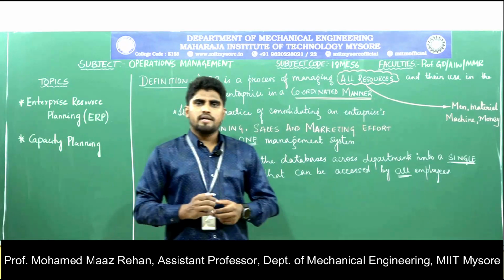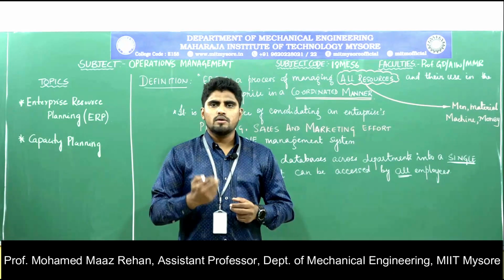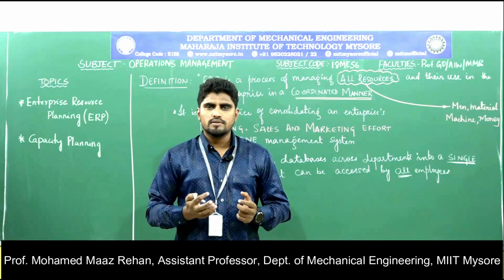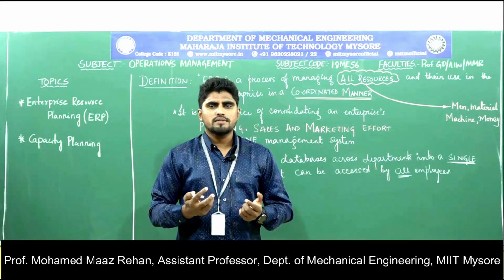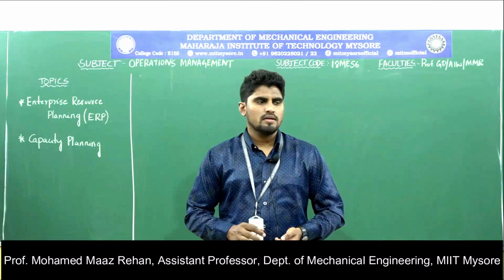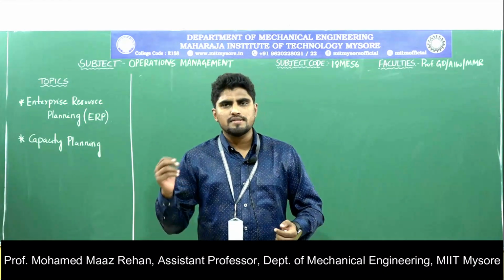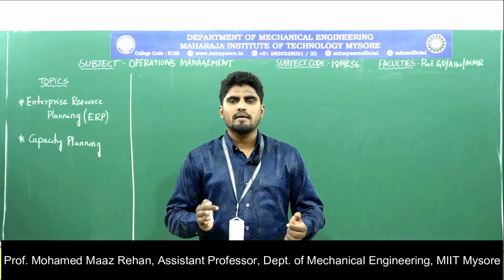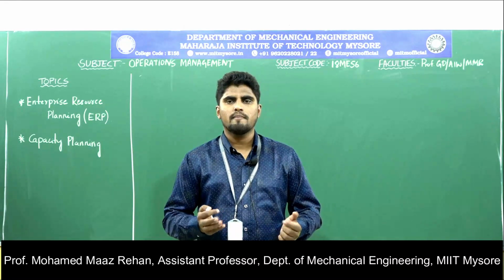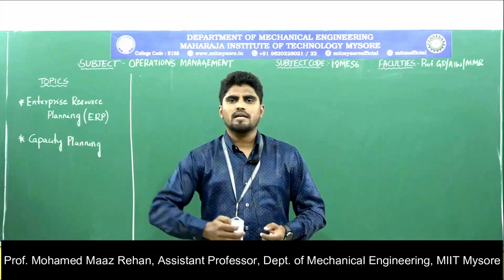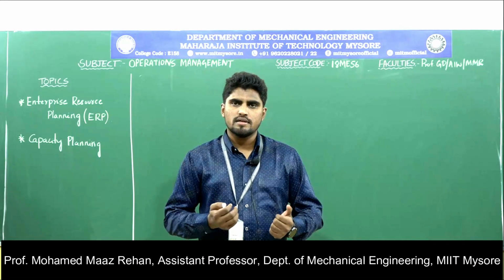Now I am going to tell you how the system looks without ERP, and how it looks with an ERP. Let us illustrate an ERP system considering an example of a manufacturing plant. How exactly does an ERP look like?